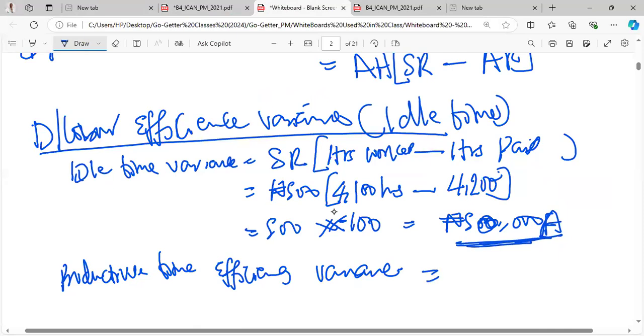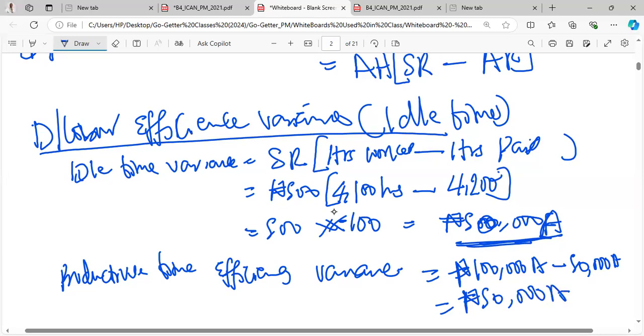To make it easy, 100 adverse minus 50 adverse will give you 50 adverse.